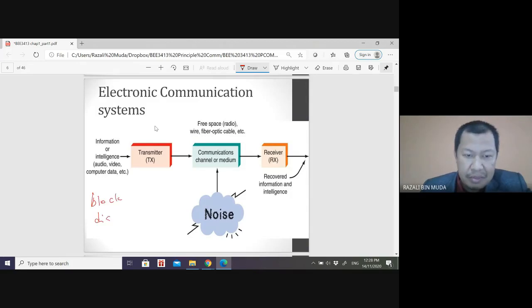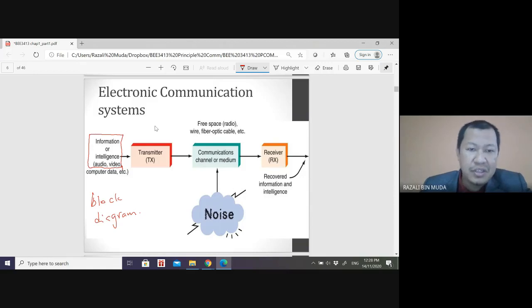Because this is one block, you have information, then you have the transmitter, you have the medium, you have the receiver. This is the simplified version of the block diagram for an electronic communication system.